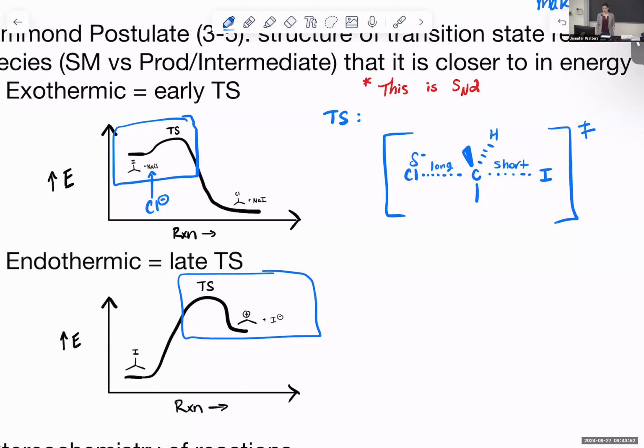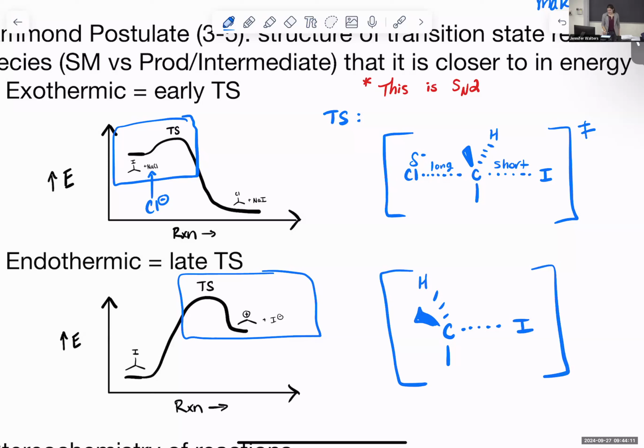That's the only transformation happening here. So I'm going to see that I'm breaking that carbon-iodine bond, so it gets a dotted line, because that's the bond that's breaking.